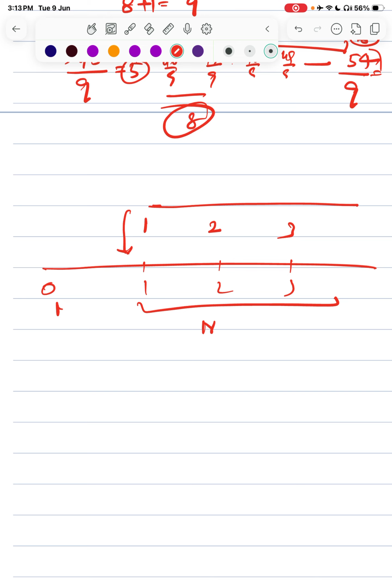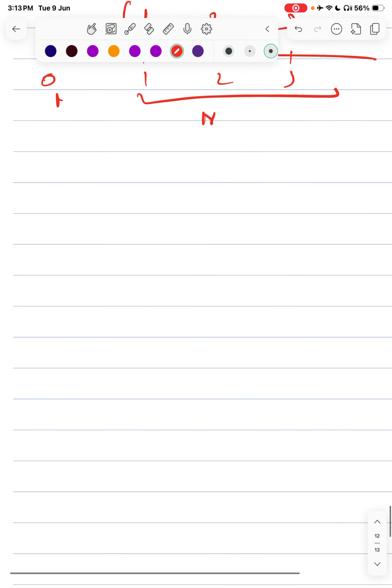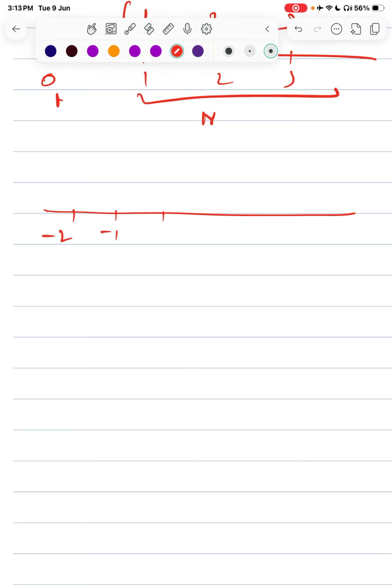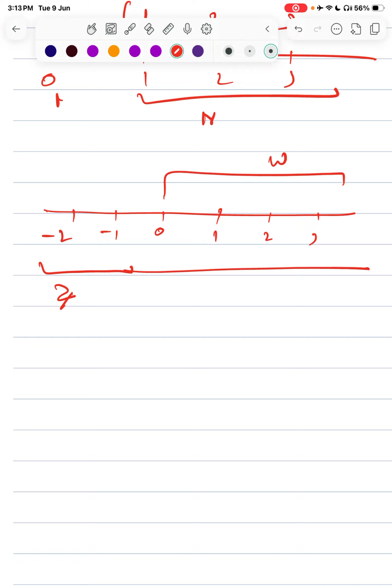Every integer is a whole number, not true. Why? Because integers include negative numbers, which are already there in integers, but whole numbers start from 0. So every whole number is an integer, yes, but every integer is not a whole number, because minus 1 is an integer, but it is not a whole number.